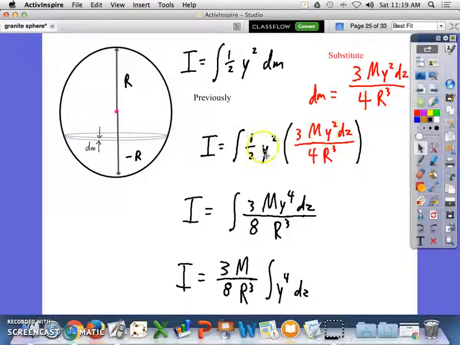If we simplify by making these y squares become a y to the 4th, this is what we get. But we still have y, z, and r, so we're kind of limited right now. What we can do is take the constants out. We've got I is equal to the constants times the integral of y to the 4th dz. Okay, now at least the integral part is getting a little simpler, but don't worry, it will get worse.